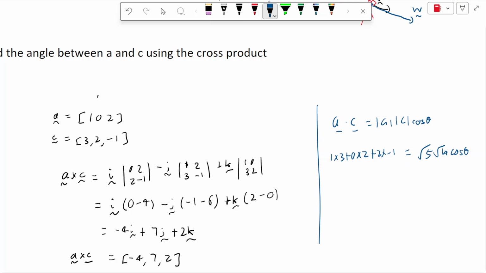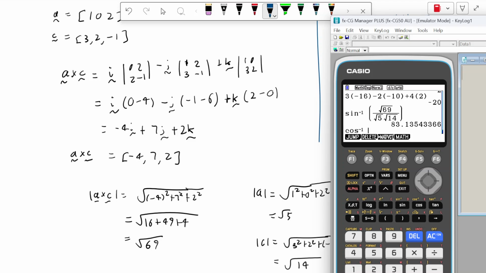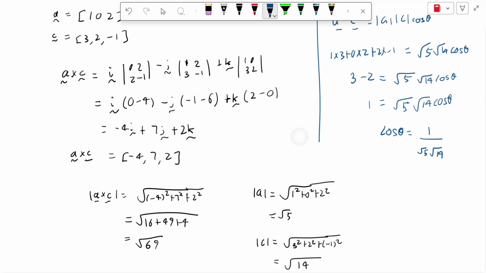So that is going to be 3 take 2, which is 1, equals root 5, root 14 cos theta. And then we can just do cos of theta is 1 over root 5 root 14, and we'll see what we get there. So if we go inverse cos of that, 1 on the top, root 5, root 14. Get the same angle, 83.1.